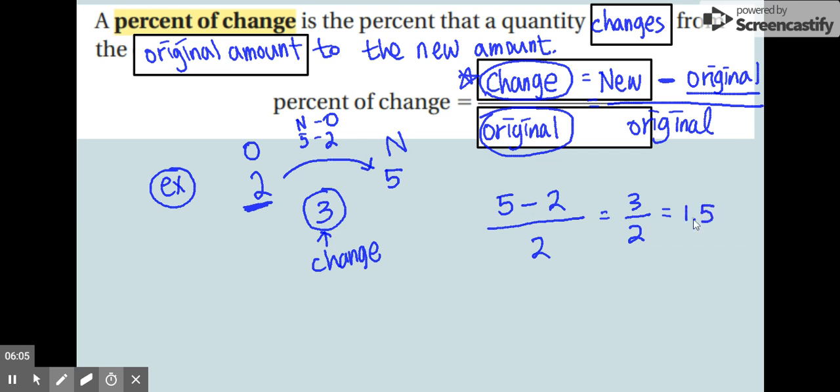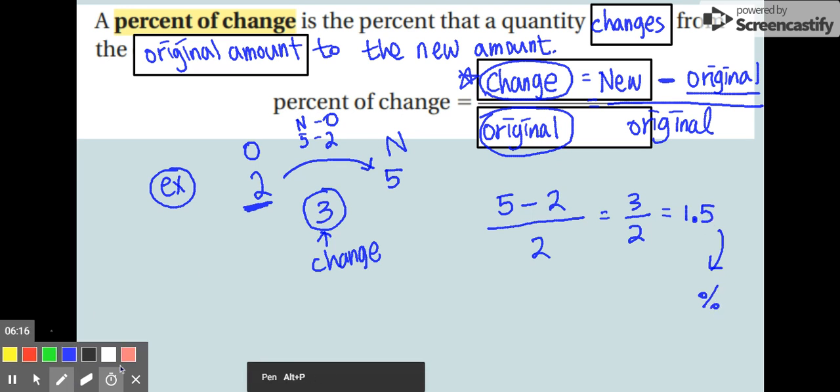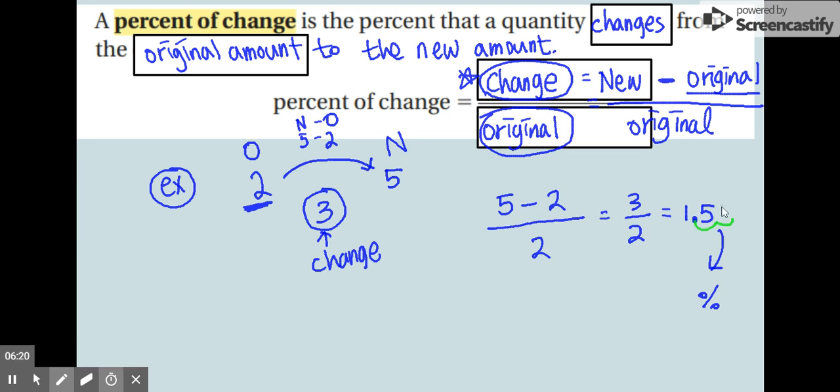We practiced how to convert a decimal to percent. You move the decimal twice to the right, 1, 2, and you have to put 0. So it's going to be 150%. So it's a 150% increase if 2 is changed to 5.